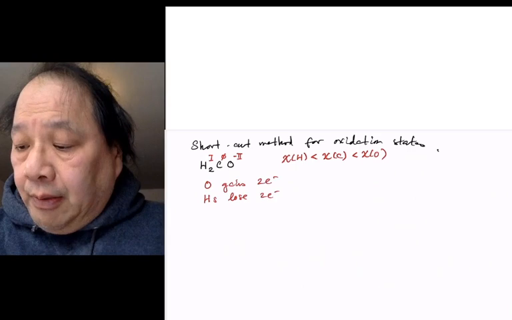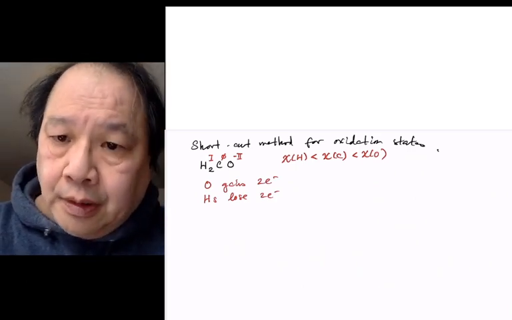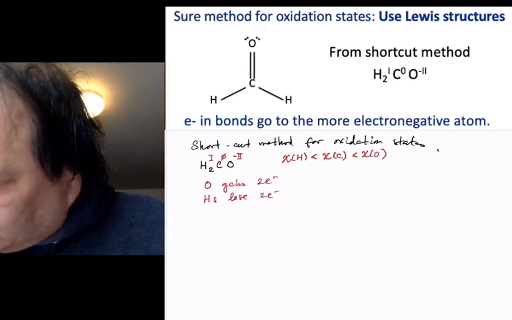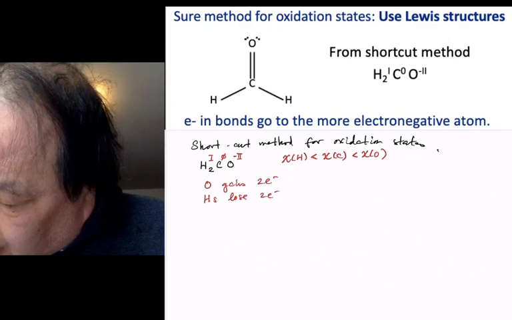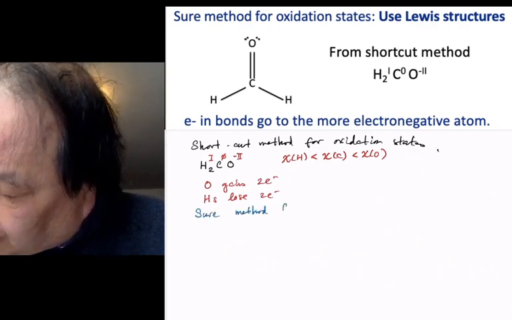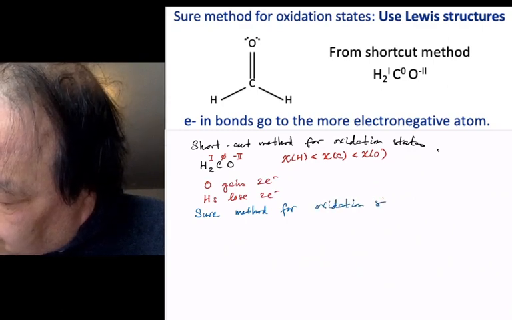Okay, but you have also learned previously the Shor method of identifying oxidation states, which uses Lewis structures.